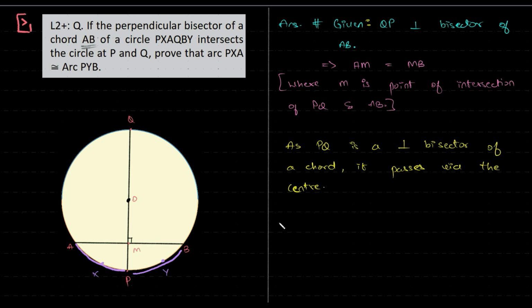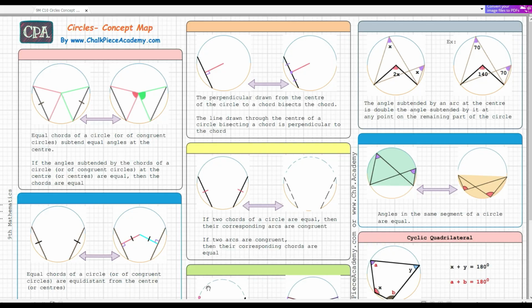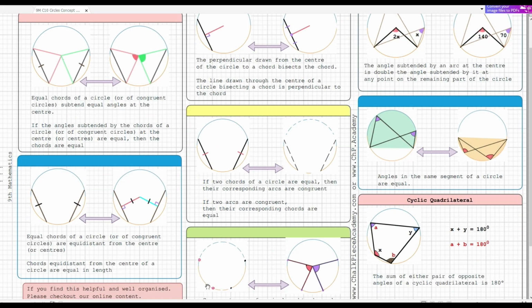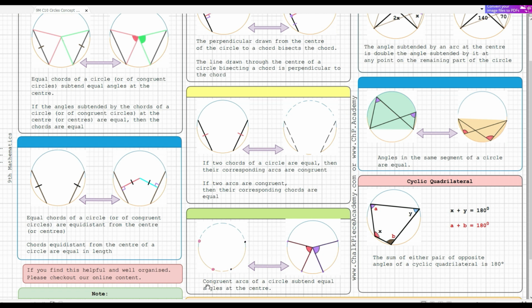So now we have to look at what it is that we have to prove, and how to prove it is something that we have to think about. What theorem can we use? It's over here.